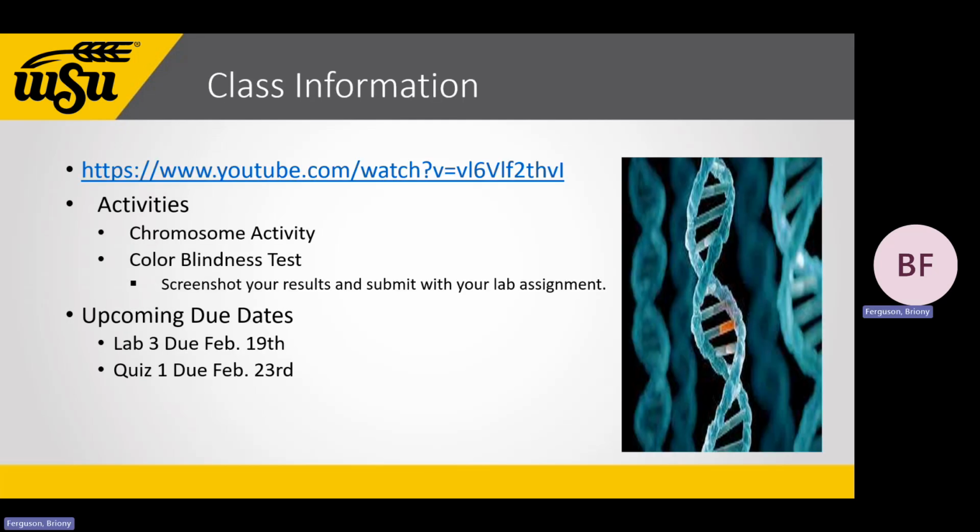Now you guys should watch this YouTube video. There's also a couple activities for you to do this week. You do not have to screenshot your results and submit them with your lab assignment. Do the color blindness test. Don't do it. It doesn't really matter to me because it's not graded. However, I do recommend that you do the chromosome activity. It's pretty interesting.